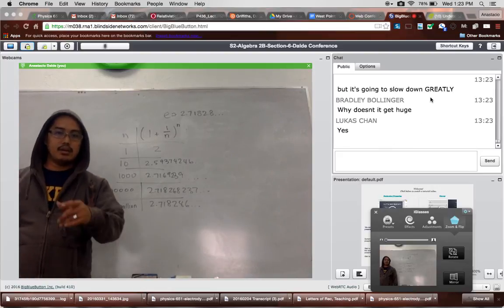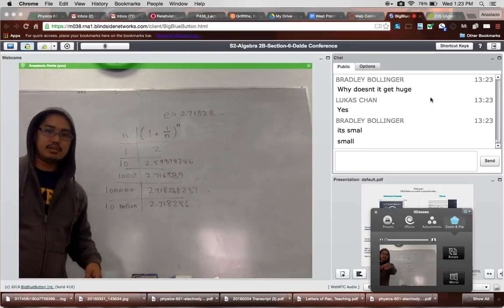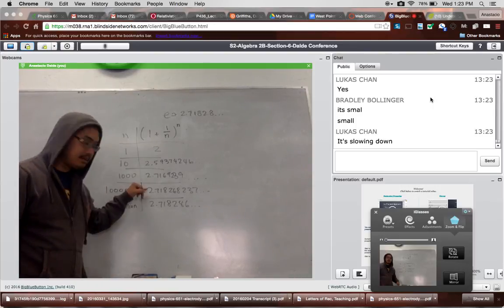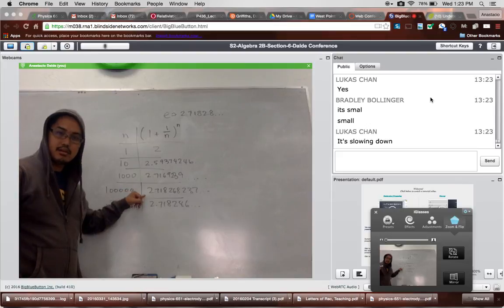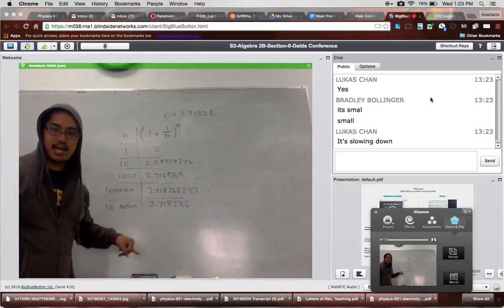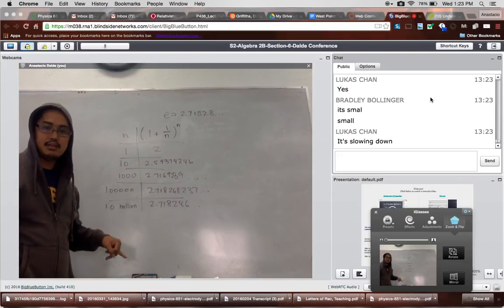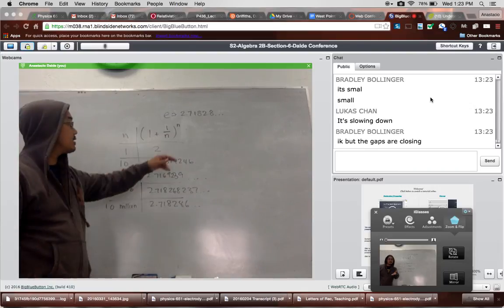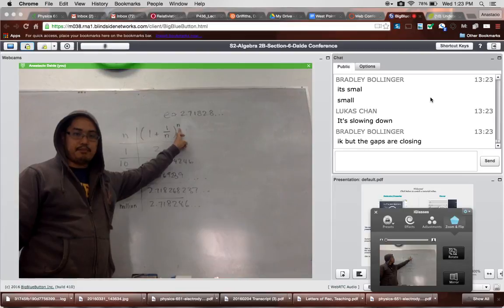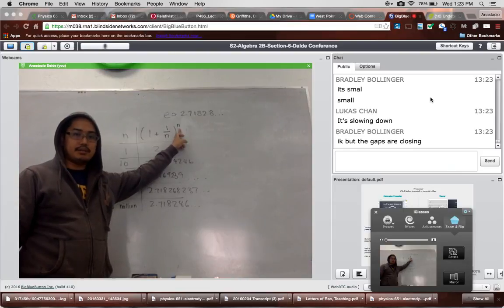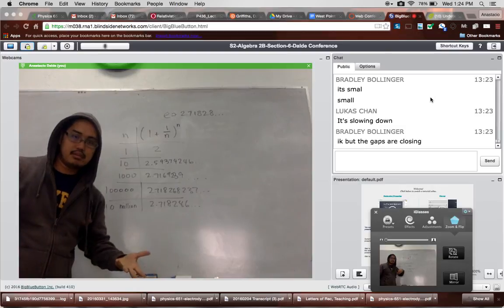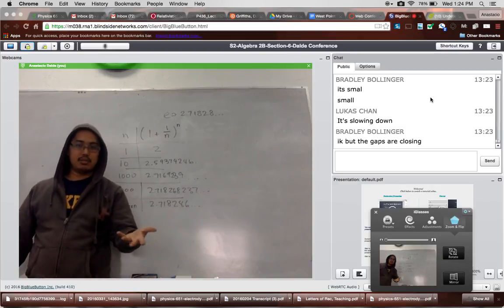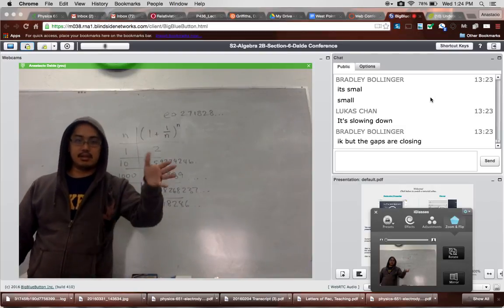Okay, why doesn't it get as huge? No, it is getting bigger. It's getting bigger, but it's not getting bigger as fast. The reason why it's getting bigger is because we're bringing it to a bigger exponent, right? And when you bring a number that's bigger than 1 to a bigger exponent, that answer is going to get bigger.